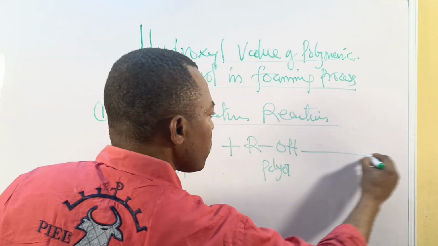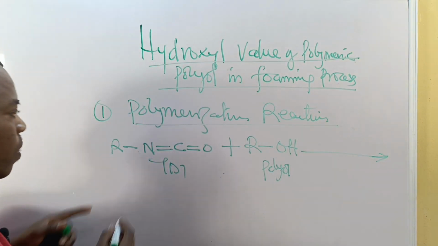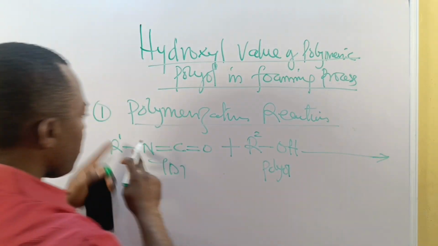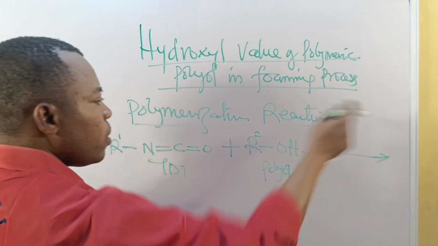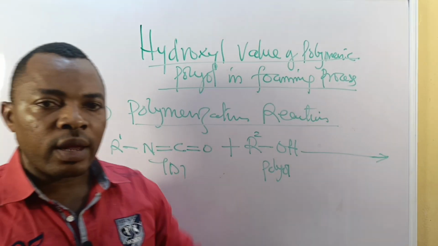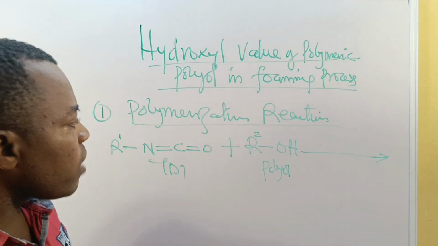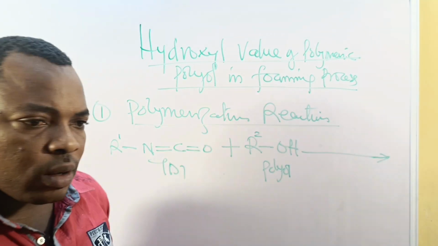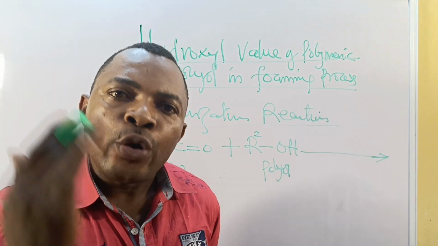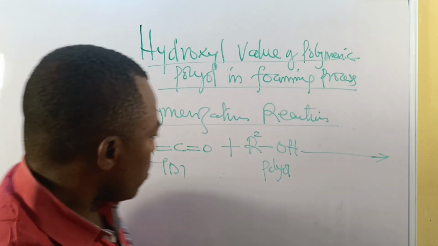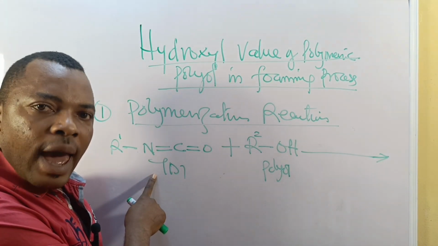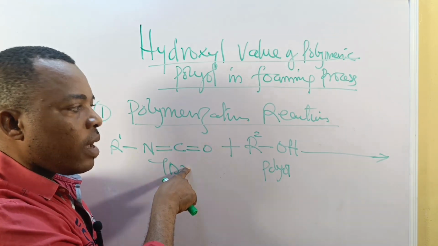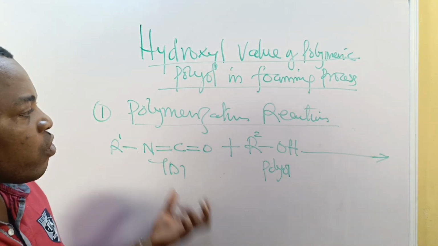This is a polyol, so this is alkyl group 1, and this is group 2. Permit me to use that so that I can differentiate at the product side. So this is the OH group. This OH group undergoes nucleophilic attack with the toluene diisocyanate, telling you that this is a nucleophile and this is an electrophile.